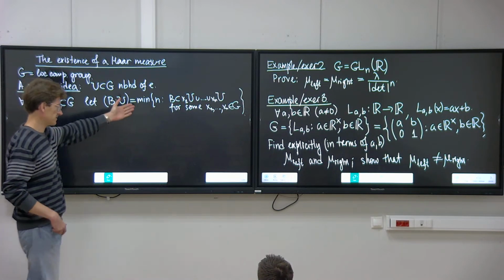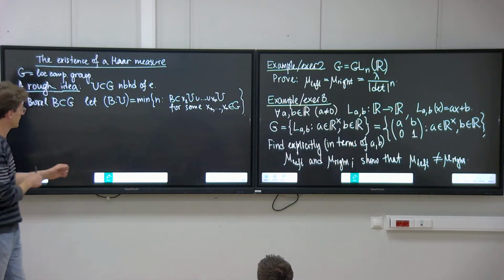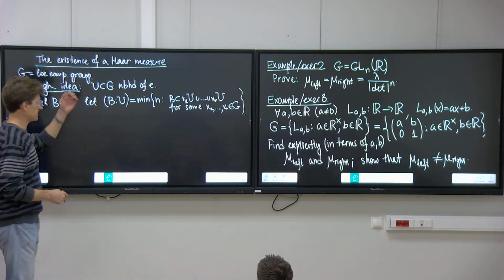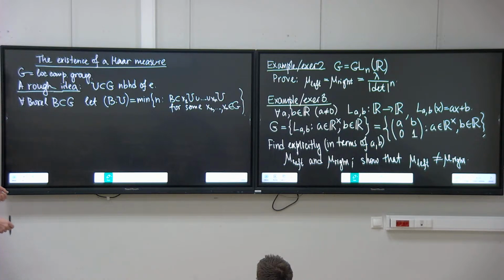But if B is compact, then this is finite. So in some sense, this number is a relative size of B relative to U.